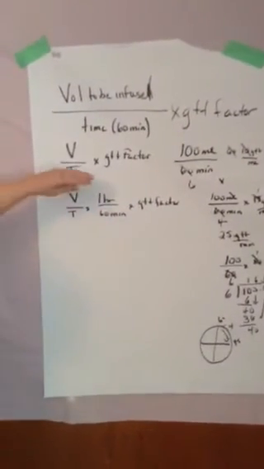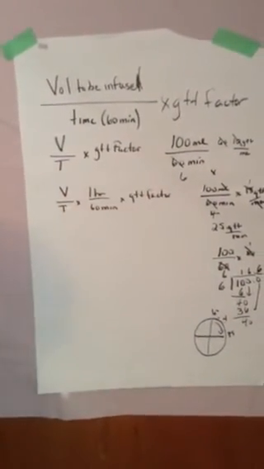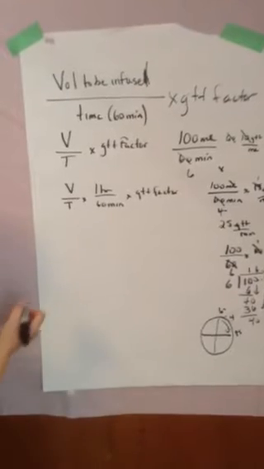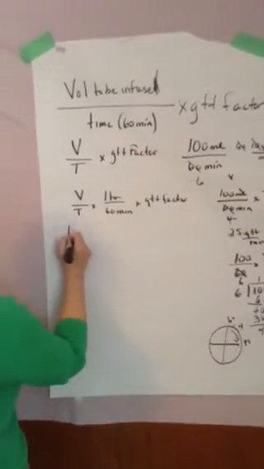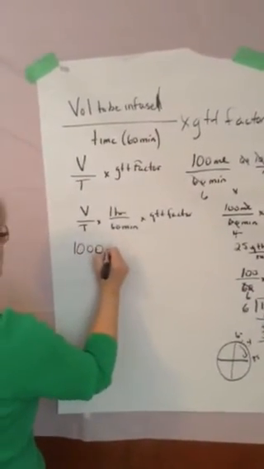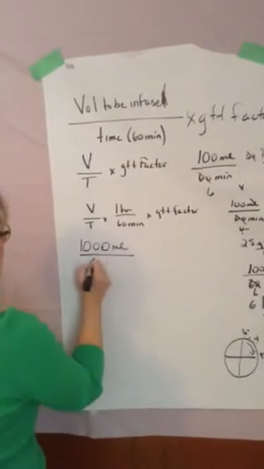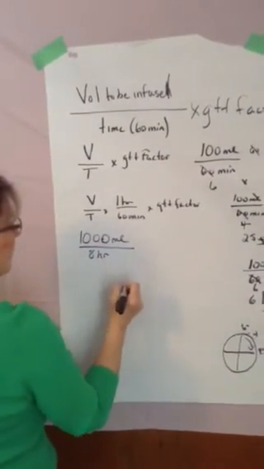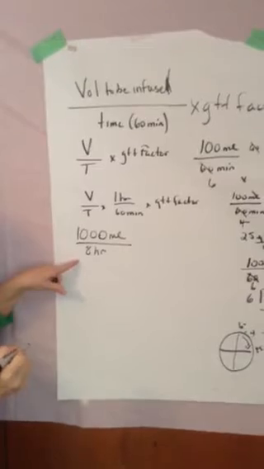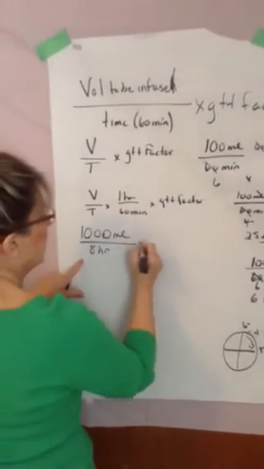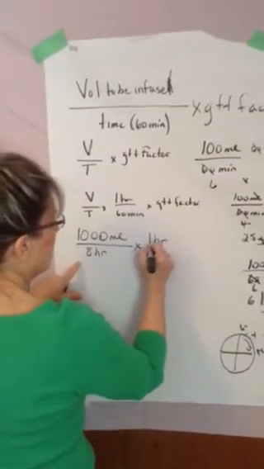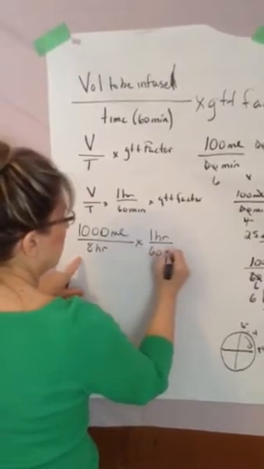Okay, sometimes the physician will not order it per 60 minutes per hour, 100 mils an hour. So then he might order 1,000 mils in 8 hours. So we want to get this down to minutes. So then we say, okay, 1 hour is 60 minutes.